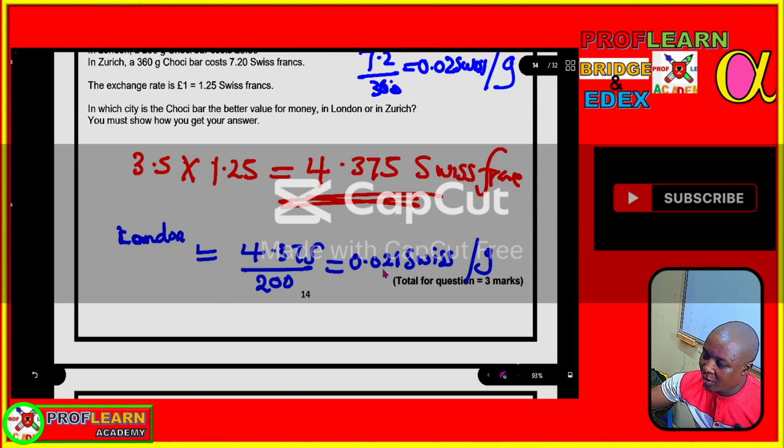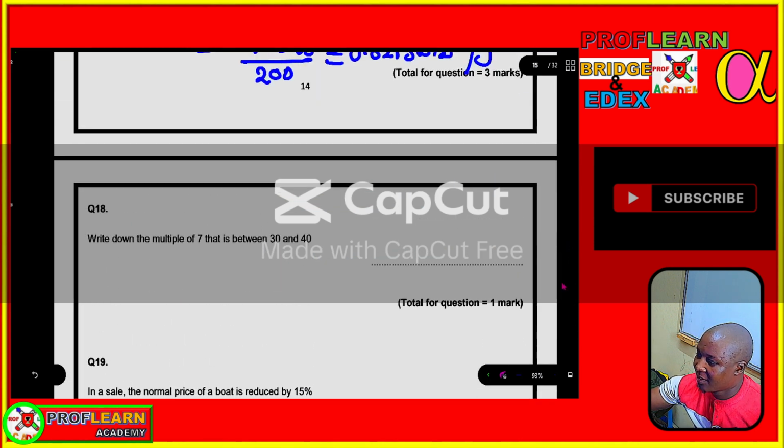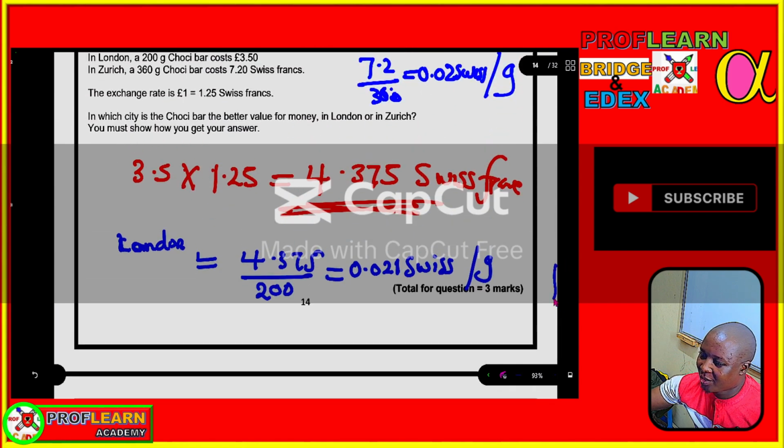Okay, so this is 0.021 per gram, but this one is 0.02. So where do we have a better value for the money?